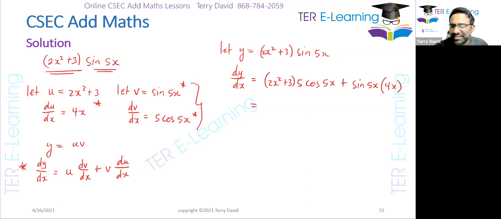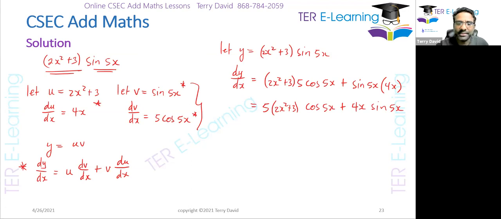So all we need to do is simplify this a little bit. I'm going to put my constant in front. I'm going to leave this as 2x squared plus 3, cos 5x, plus, I'm going to put the 4x in front, 4x sine 5x. So this is my differential. All we're doing here is using the product rule.